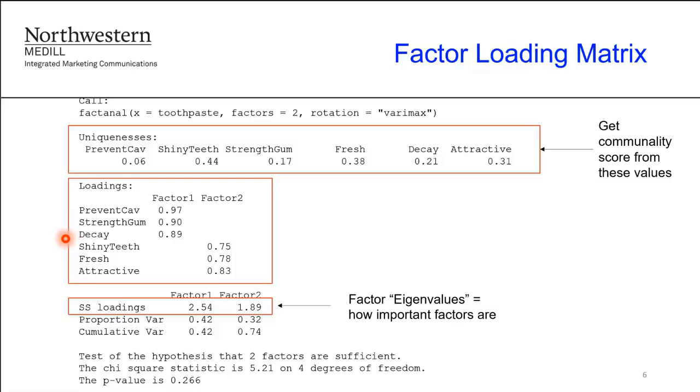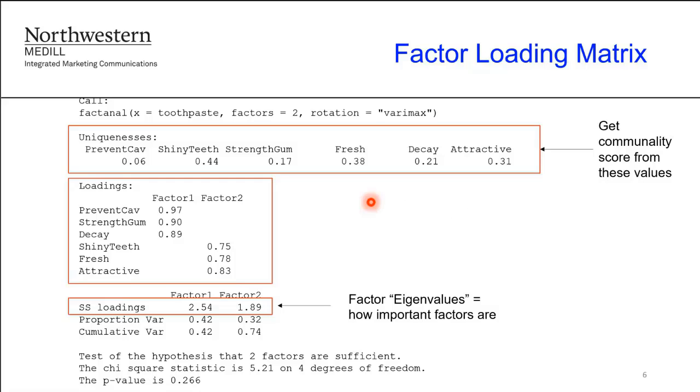The first 3 items belong to factor 1, and their factor loading values are all high, almost 0.9 or over 0.9. The last 3 items belong to factor 2 because their factor loading values are very high for factor 2.